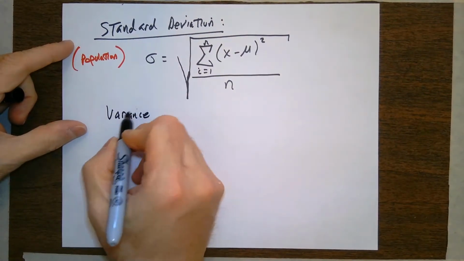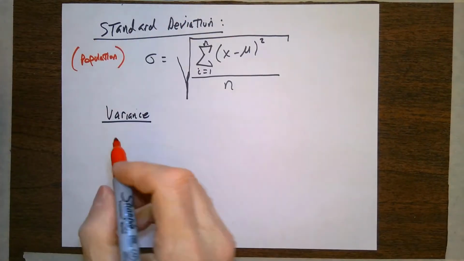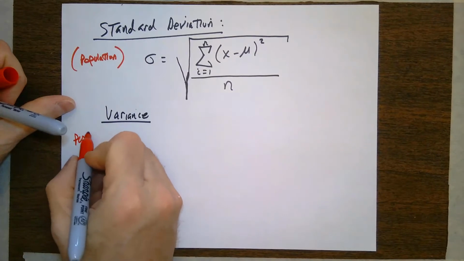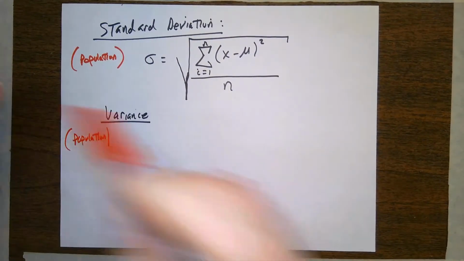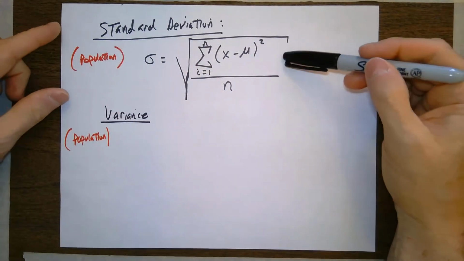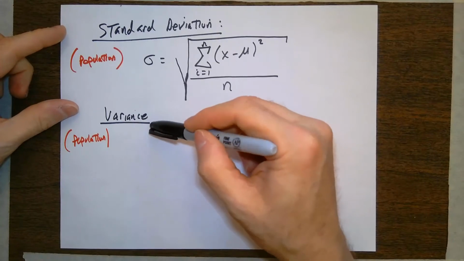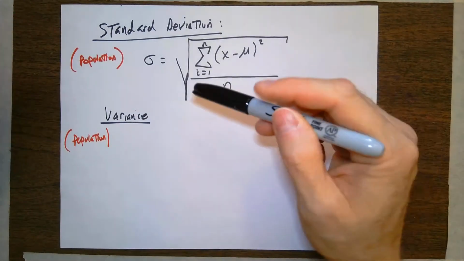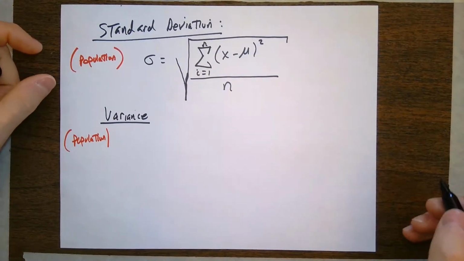or variance. And again, I'm going to talk about variance of the entire population. Later, when we're talking about samples, and we're taking a sample and finding the standard deviation or the variance of our sample, we'll use slightly different formulas, slightly different symbols.